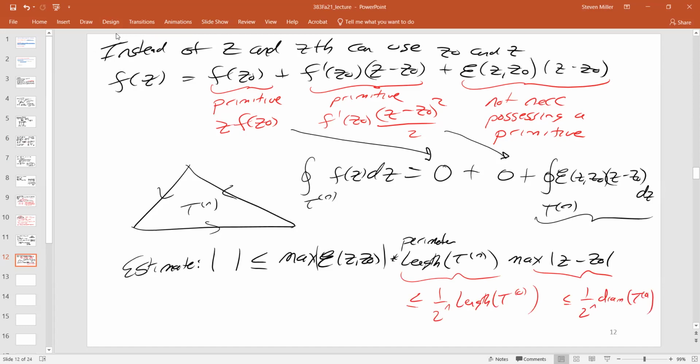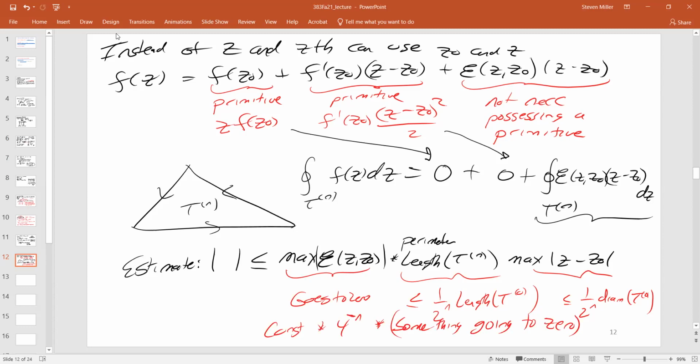And what do we know about this term? Goes to 0. So we get something like constant times 4 to the n times something going to 0. I'm sorry, 4 to the minus n.